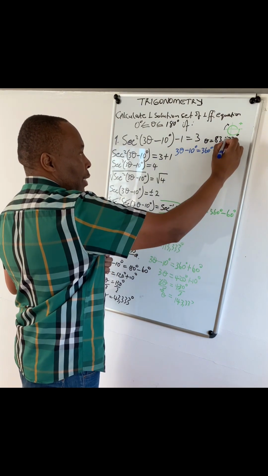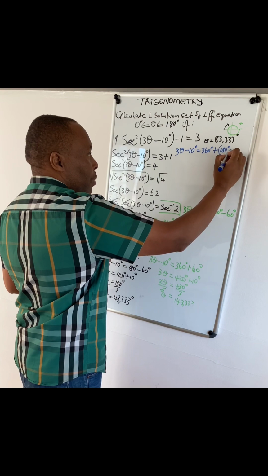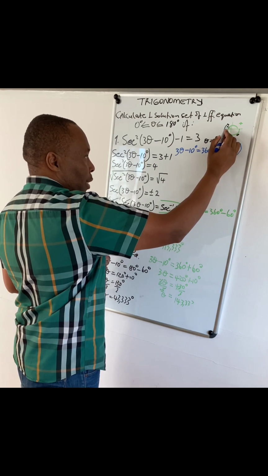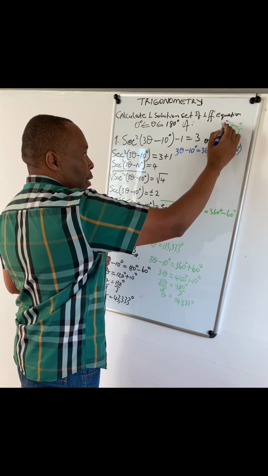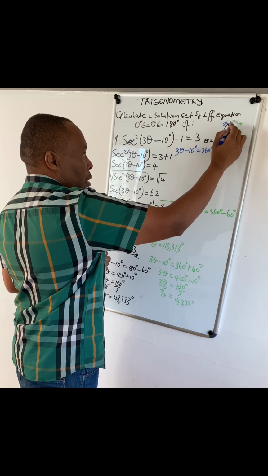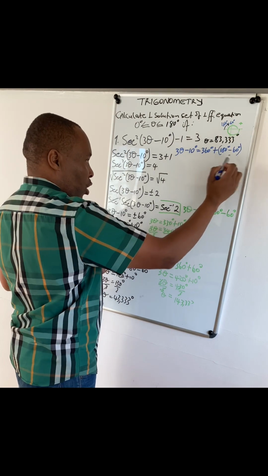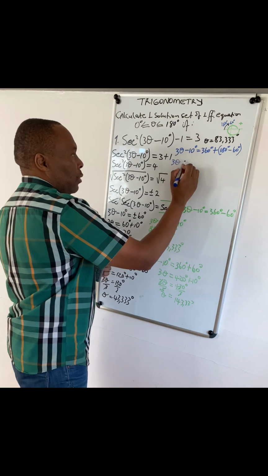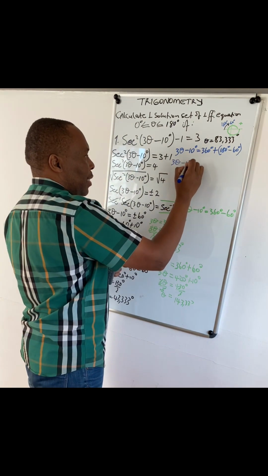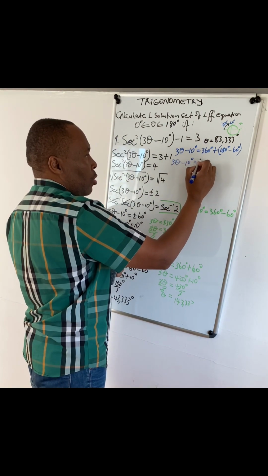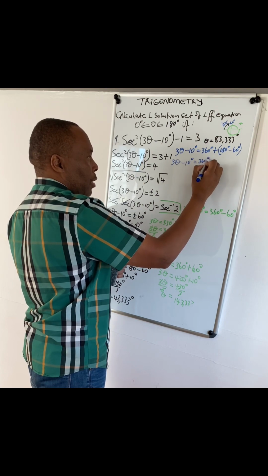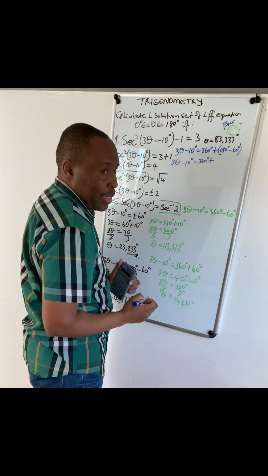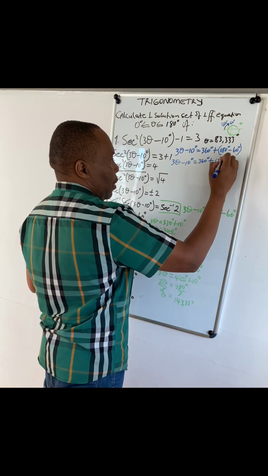Let me open a bracket here: 180 degrees minus 60 degrees, because it's in this quadrant where it's 180 degrees minus 60 degrees, but remember there's a revolution extra. So we say 3 theta minus 10 degrees is equal to 360 degrees plus 180 minus 60, which is 120 degrees.